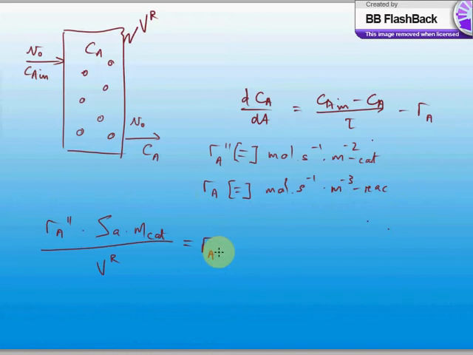Right, so that's how we can translate between the area-based rate, or the intrinsic reaction rate, and the reactor volume rate. And that's the starting point for that reactor. So you can see if we can get ourselves to estimate this intrinsic rate, this rate per area of catalyst particles, then we can connect to the overall material balance.